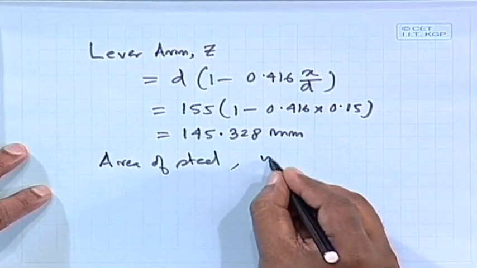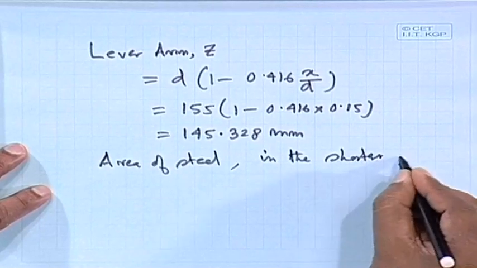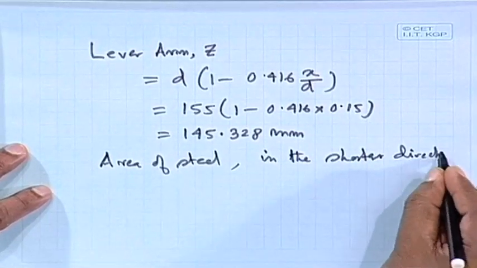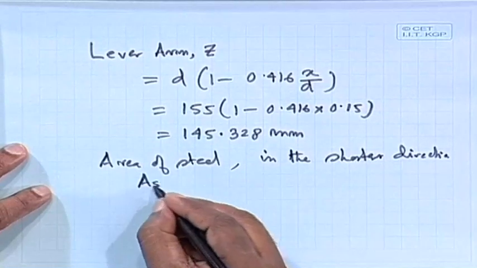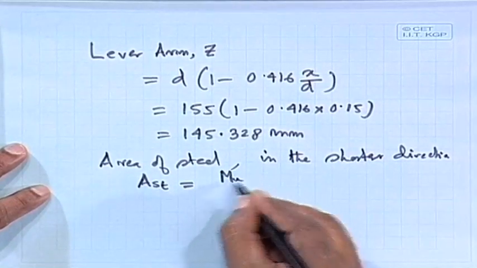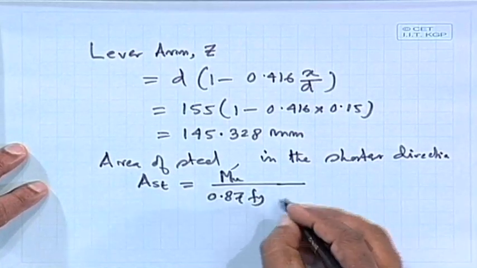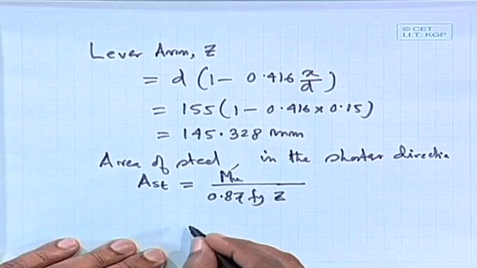Area of steel in the shorter direction. Let us say Ast equals Mu by 0.87 Fy times lever arm, that is the maximum stress that is permissible. We are going up to that.